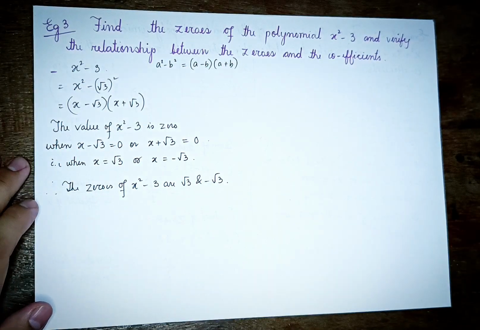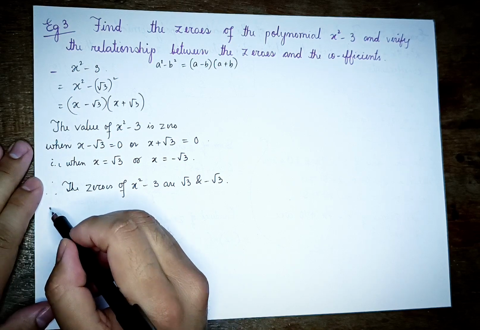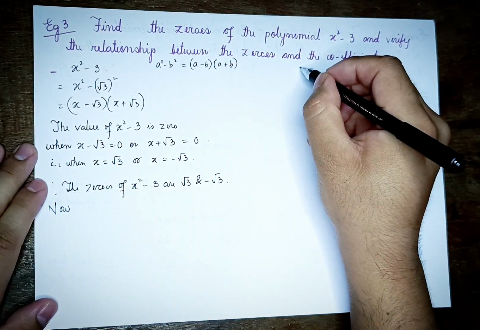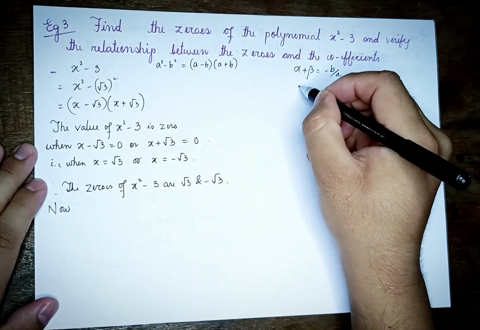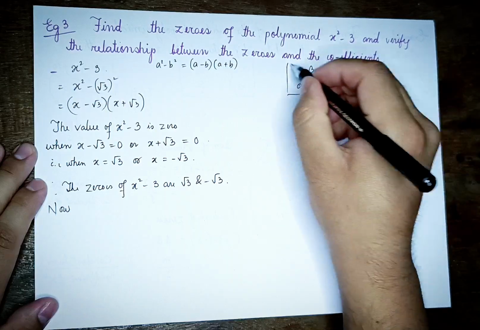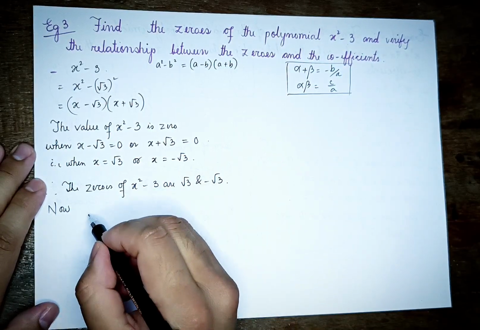Okay, let's verify the relationship between the zeros and the coefficient. Now we know that sum of zeros is equal to minus b by a and product of zeros is equal to c by a. Okay, let's verify it.